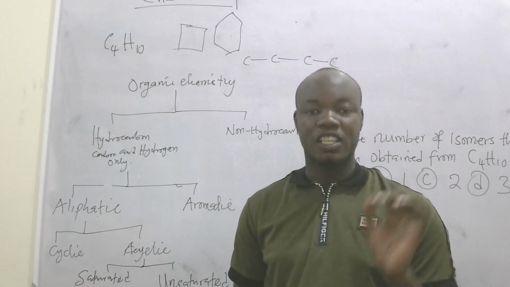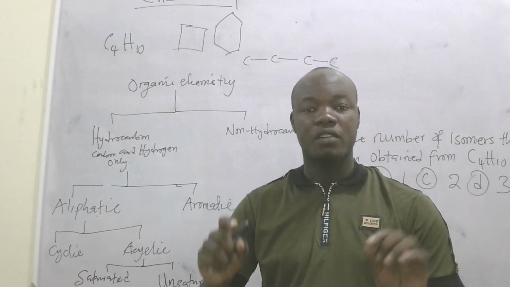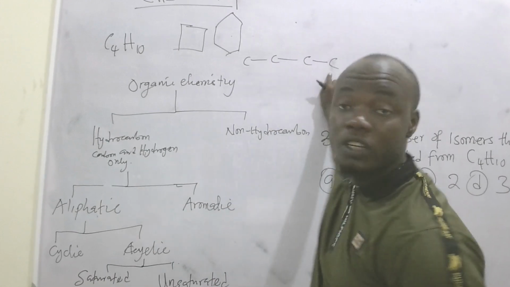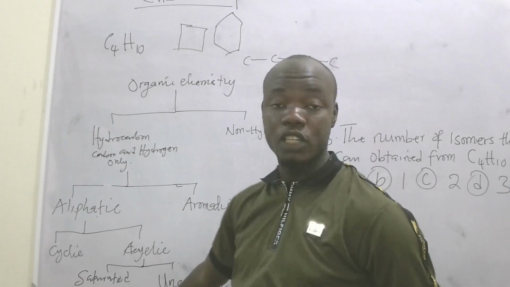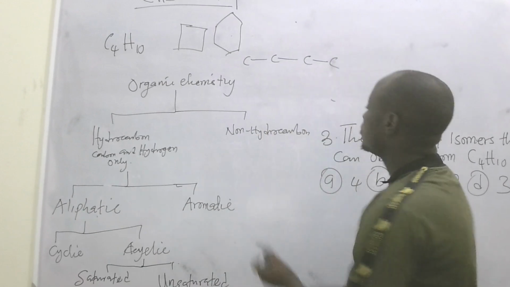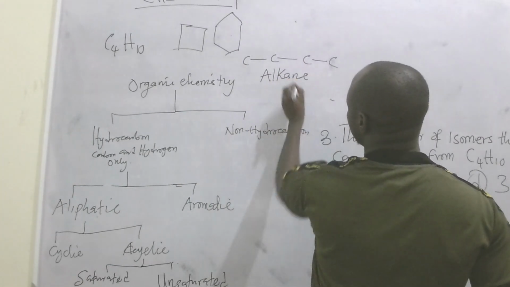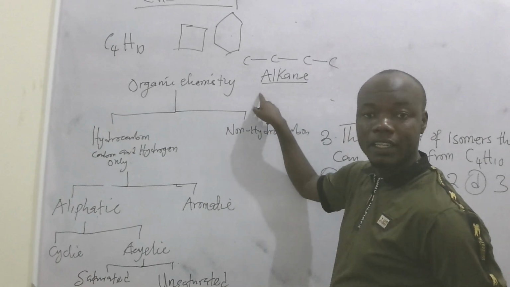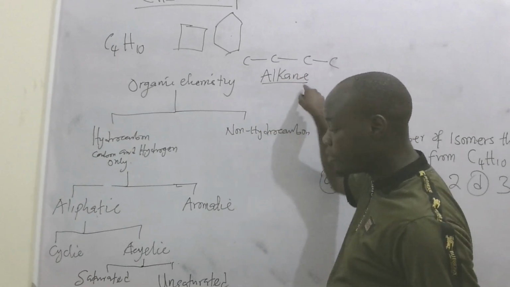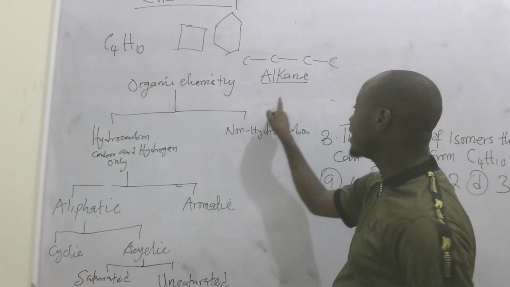All the carbons in saturated hydrocarbon have single bonds. That is why the others are unsaturated. One member of saturated hydrocarbon is alkane.